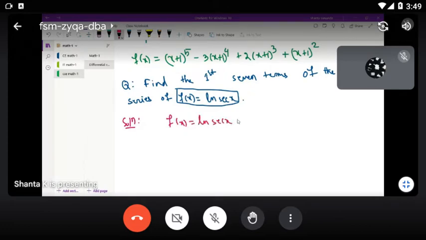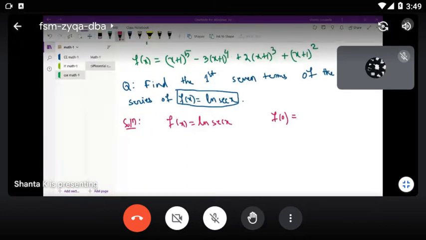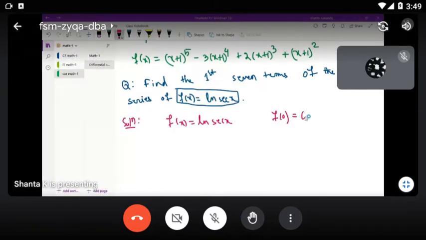So Maclaurin series, so at 0 you will find. What is f of 0 here? 0. ln 1 is 0. Now f dash x, how much is it? Tan x. f dash 0 is 0.